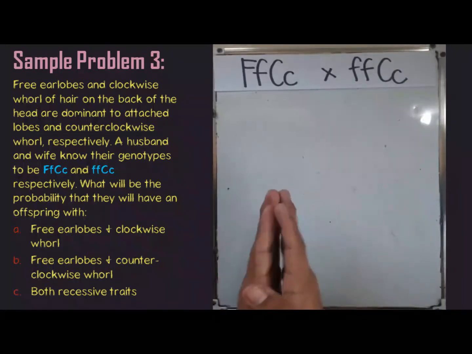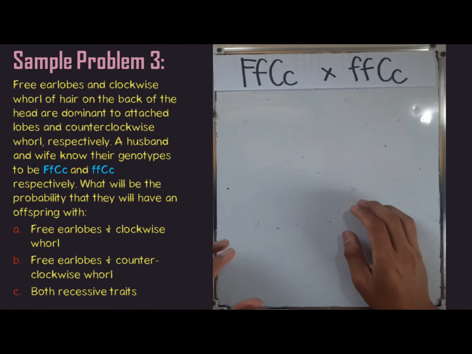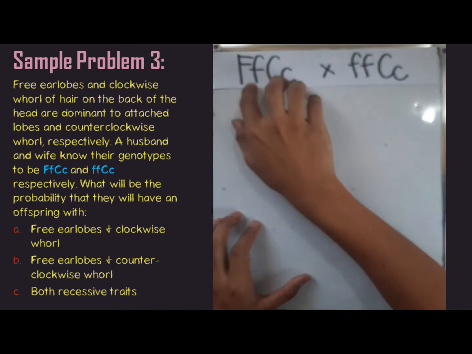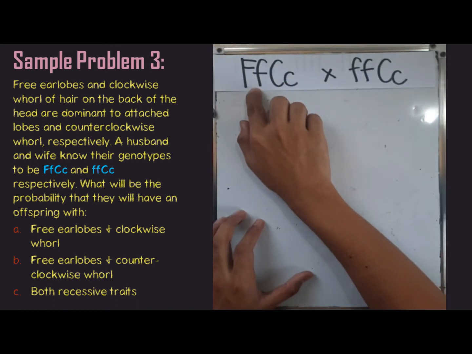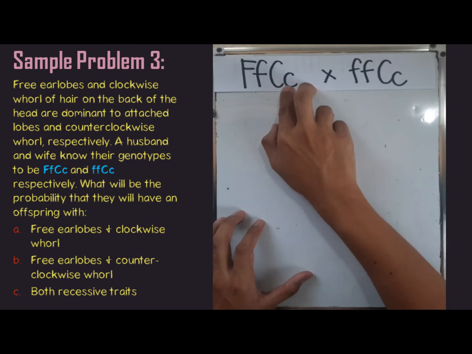Okay, so now let's proceed with problem number 3. According to problem number 3, free earlobes and clockwise whirl of hair on the back of the head are dominant to attached lobes and counterclockwise whirl respectively. A husband and wife know their genotypes to be heterozygous dominant for the free earlobes and heterozygous dominant for the clockwise whirl.